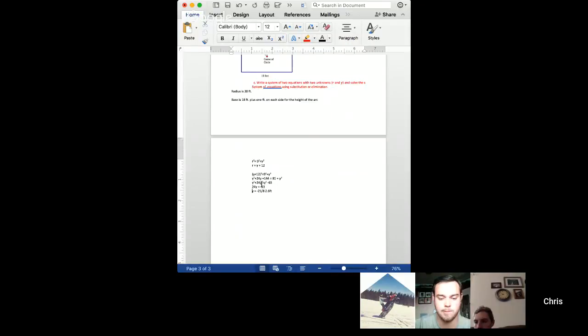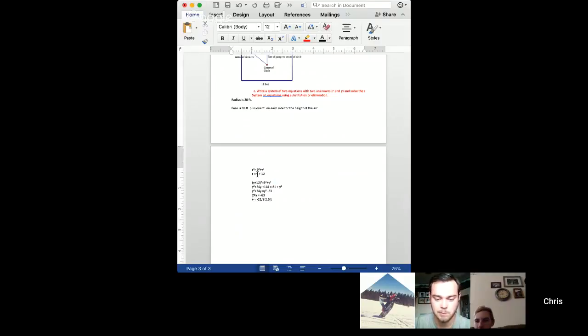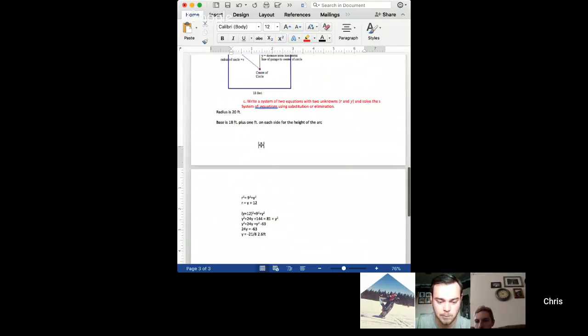The radius is 20 feet. I don't know how to solve it without using a system of equations. I don't know why this doesn't work. It makes sense why it would work.